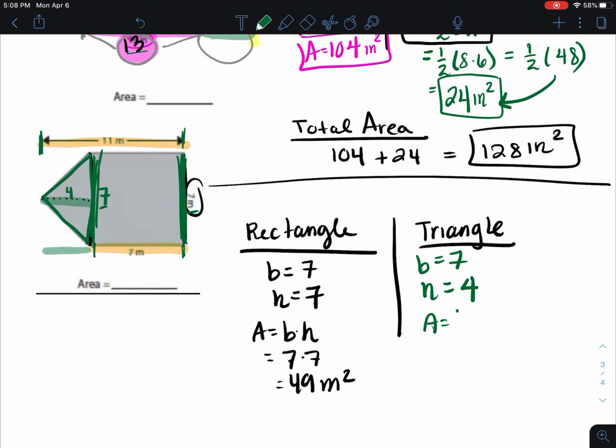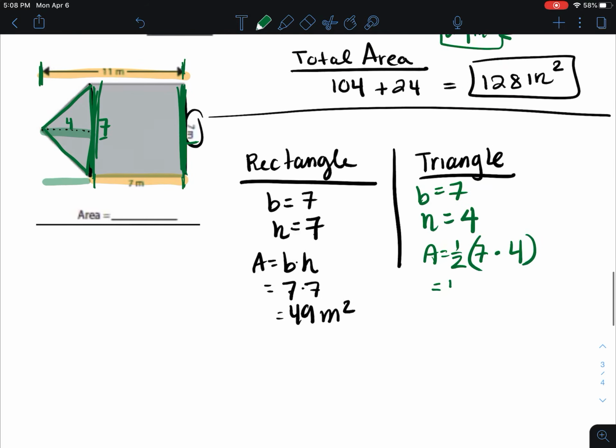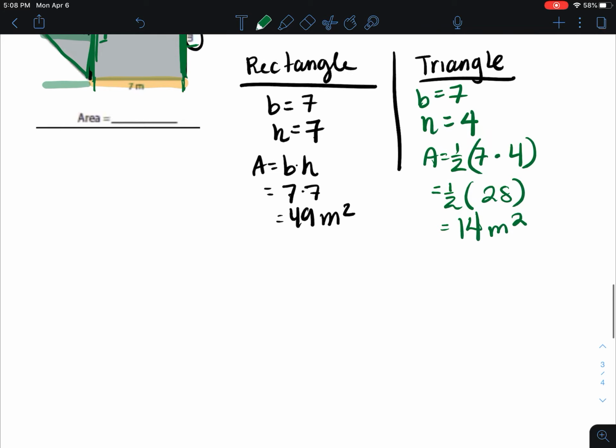Now I'm going to use my formula: 1/2 of 7 times 4, because it's 1/2 base times height. That's going to be 1/2 of 28, which is 14. Remember, that's just 28 divided by 2, and that's meters squared.